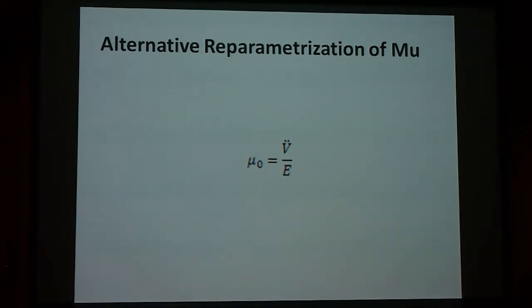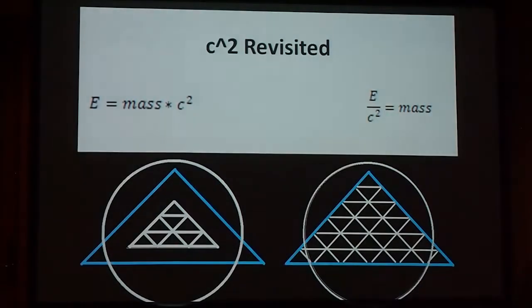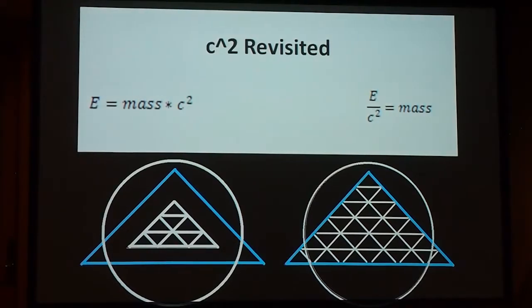Now we can once again see what their product gives us. And it will give us the inverse speed of light just like it's supposed to. So now before we move on, I want to reiterate something about c squared that we saw yesterday. And that is that it can mean multiple things, potentially all at once.